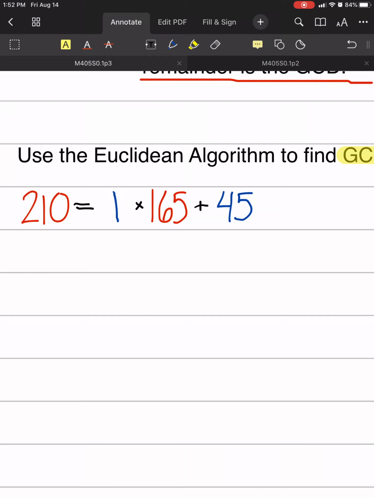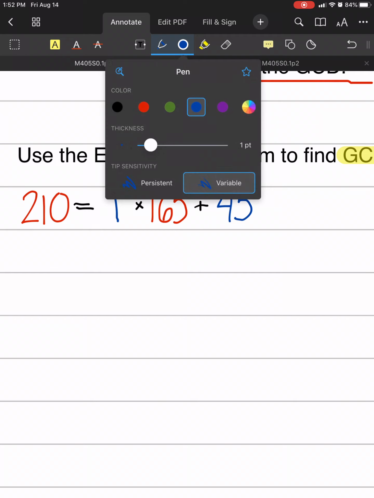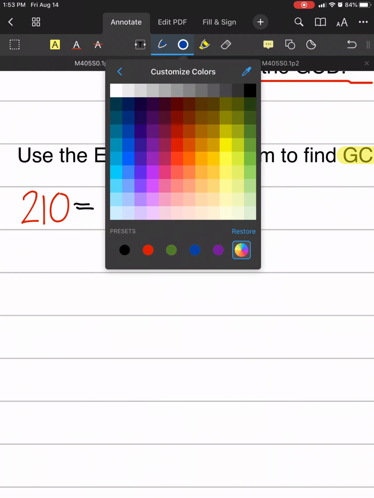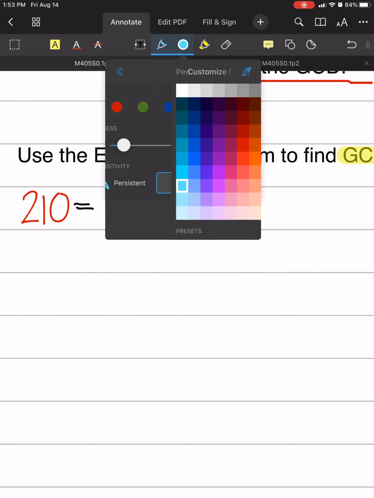Now, let me show you why we call this the lightning bolt algorithm. Let's see, do they have a color that would be good for lightning? How about an electric blue? Okay, that sounds good, right?